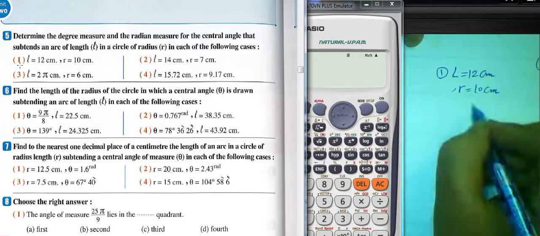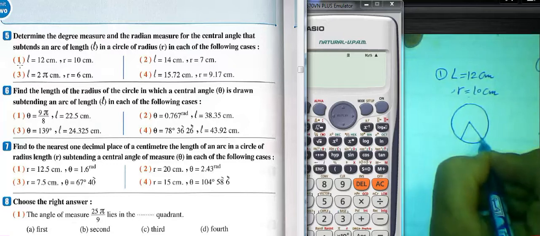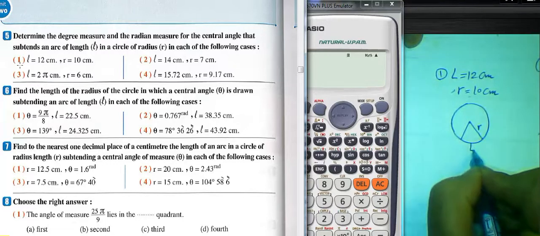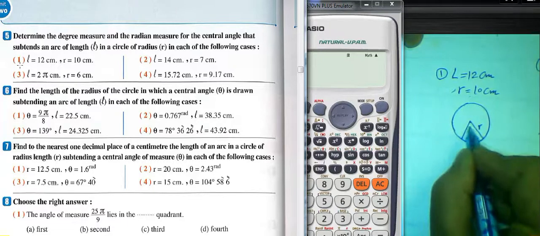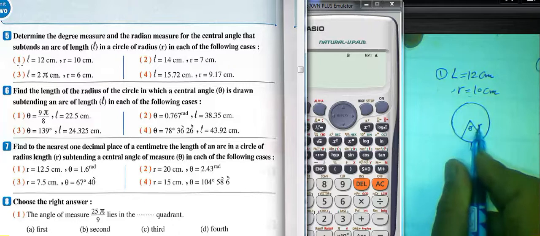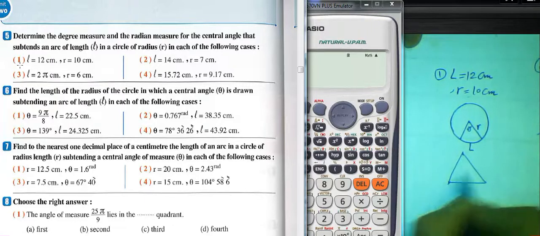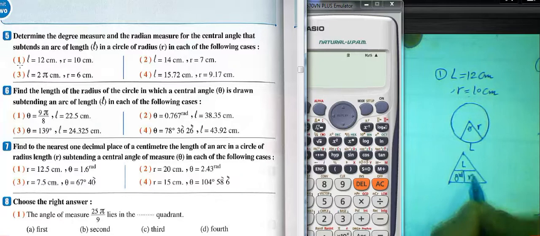We have a relation between L, theta and R: L equals theta radian multiply by radius.